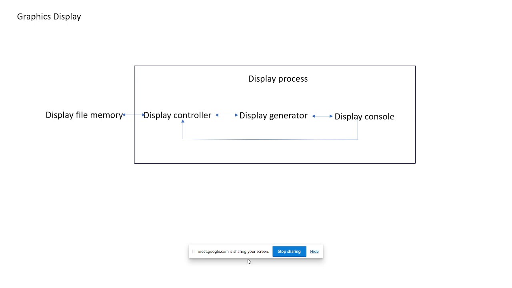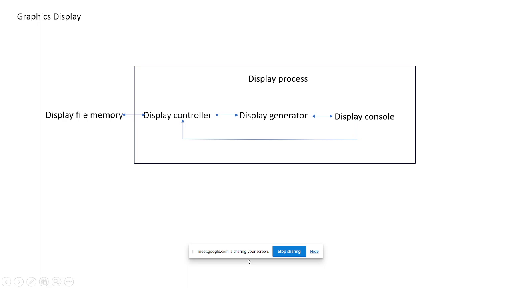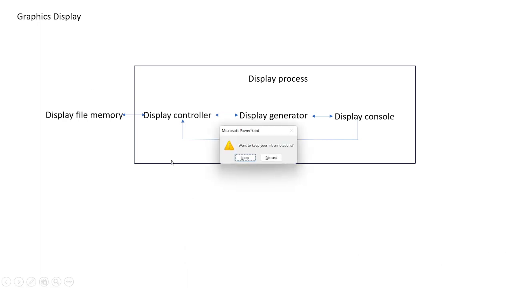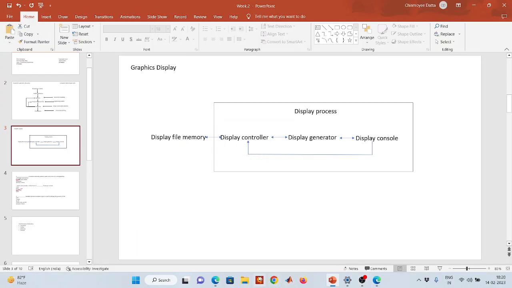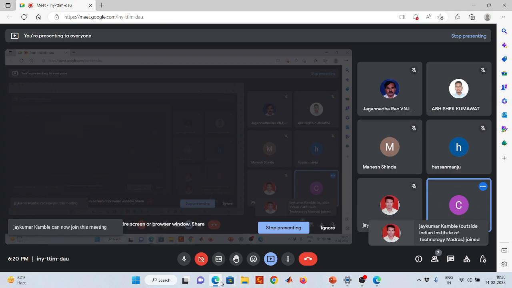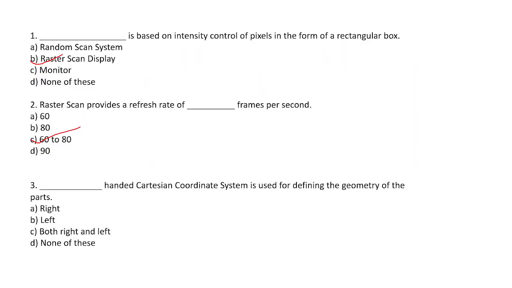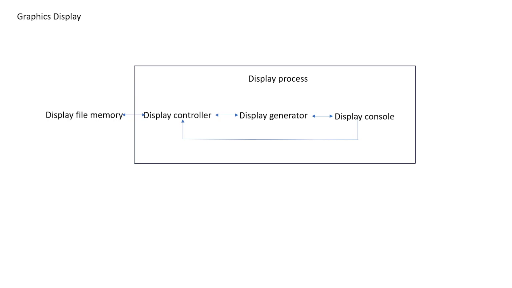Then another tool or device in digital graphics systems is the raster scan display.